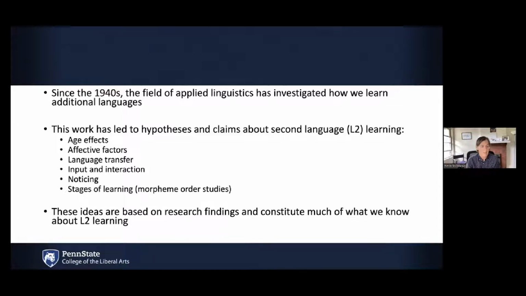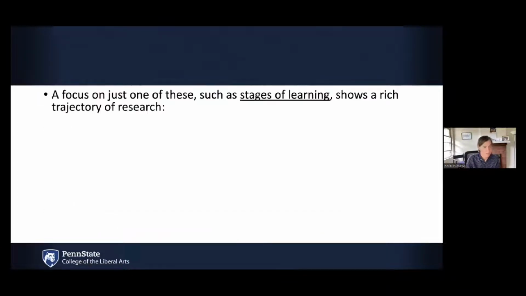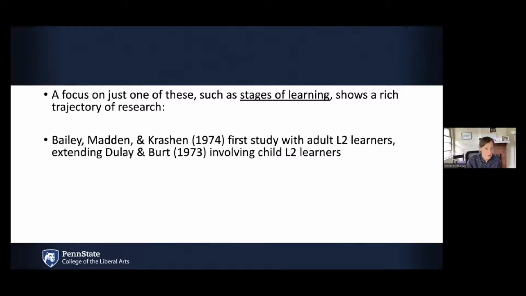These are ideas that are based on research findings, and I would say that they constitute to a very large extent what we know about how people learn additional languages. If we take one of those, such as the stages of learning, we can see a very rich trajectory of research going on there. So you go back to the 1970s.